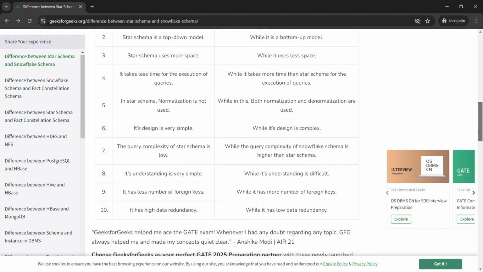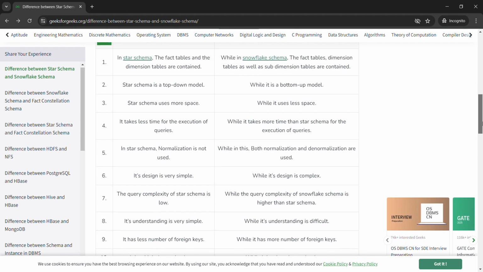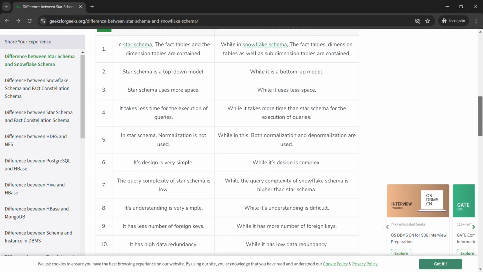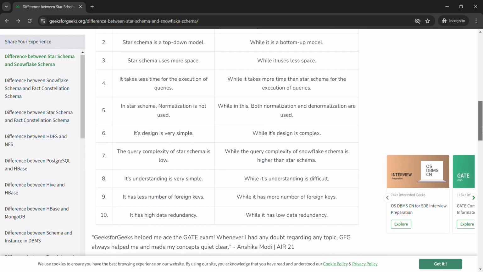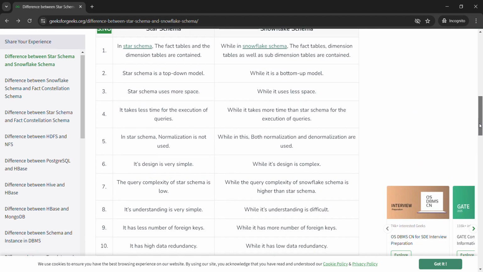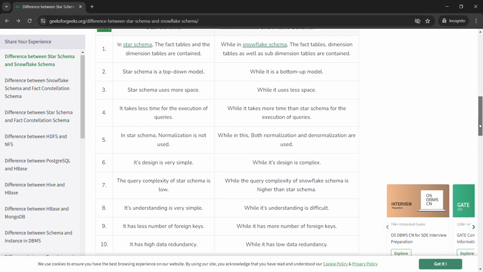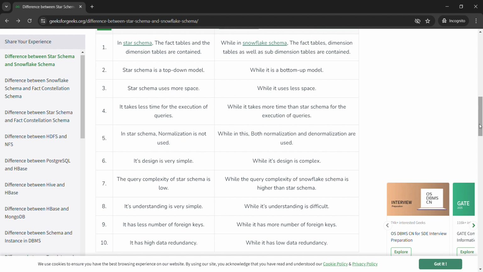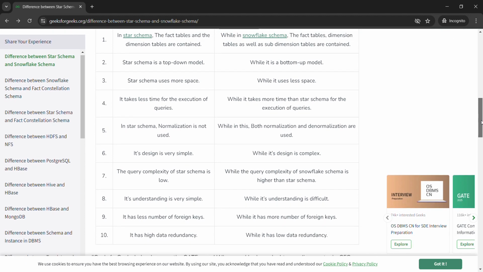Star schema has less number of foreign keys while snowflake schema has more. Star schema has high data redundancy, meaning data duplication is there, but snowflake schema has low data redundancy.